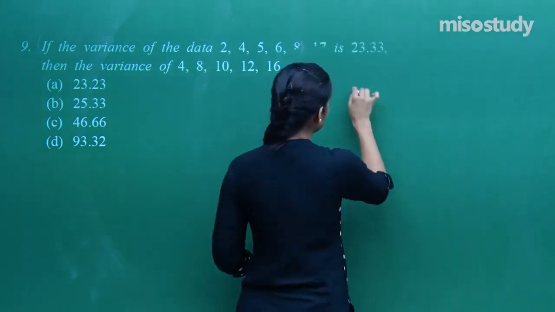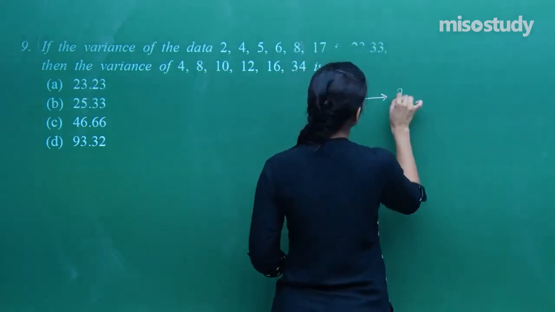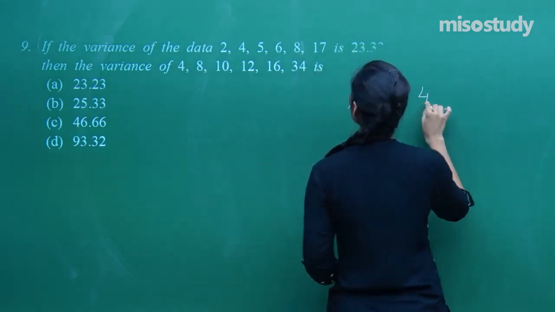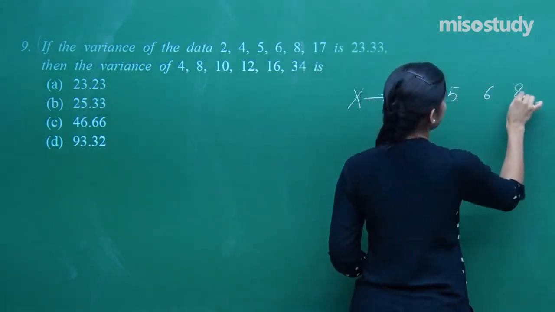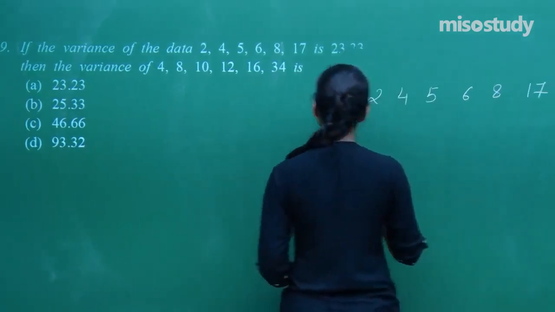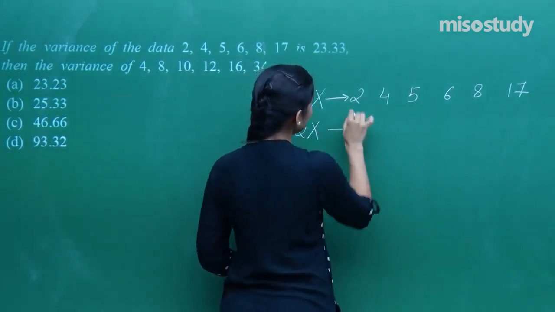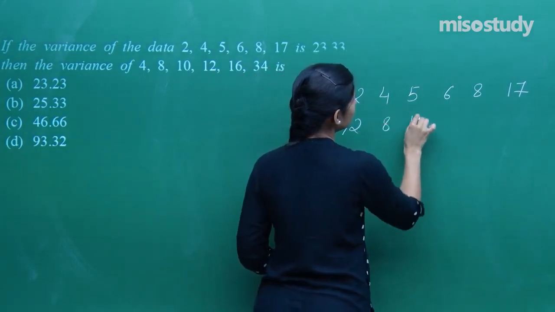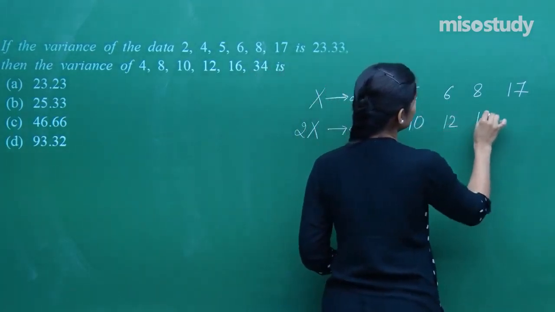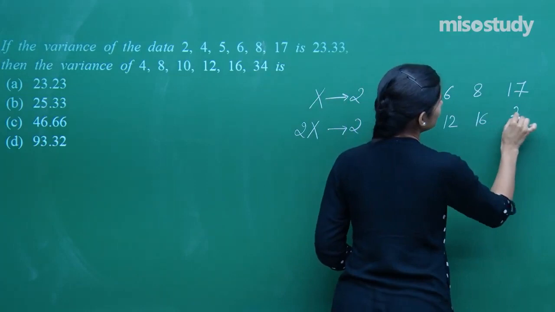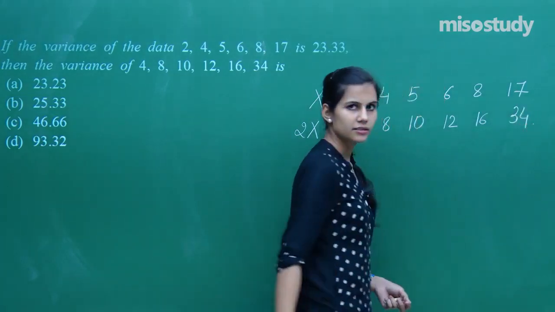You should understand that x is given to you as 2, 4, 5, 6, 8, 17, and 2x will be 2 into 2, 2 into 4, 2 into 5, 2 into 6, 2 into 8 and 2 into 17.